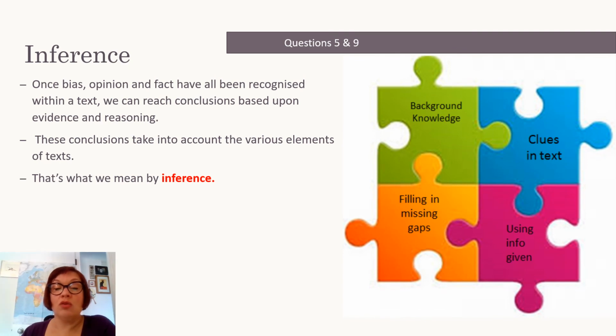So, in order to look at inference, we need to think about the background knowledge of the writer or the article, the clues that we see in the text, like, for example, the tone and the bias, right? Bias, tone, opinion, and fact, okay? Then we have to fill in these missing gaps, and using that information, we have to arrive at a point where we can infer what the writer is trying to say.